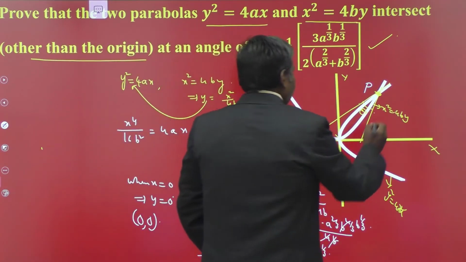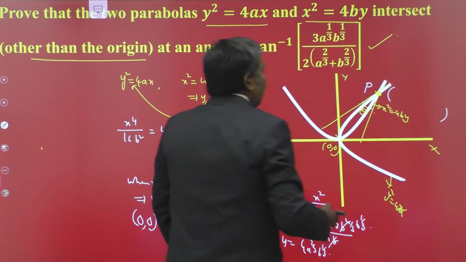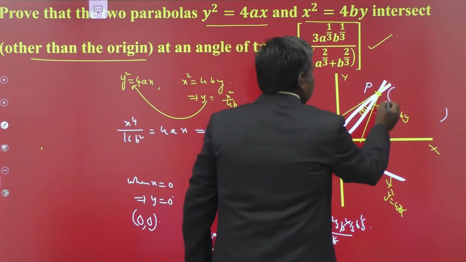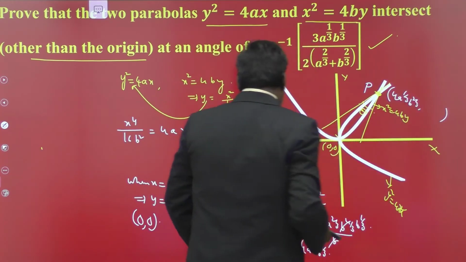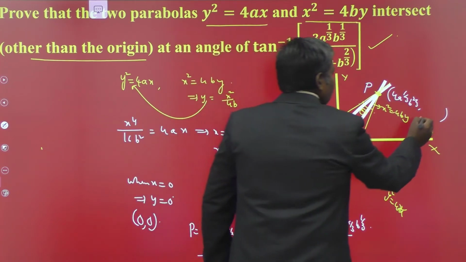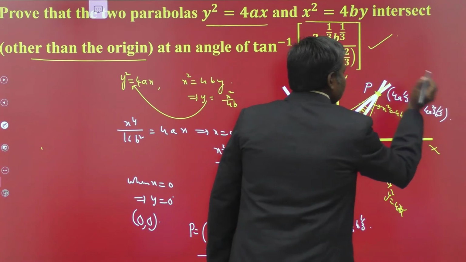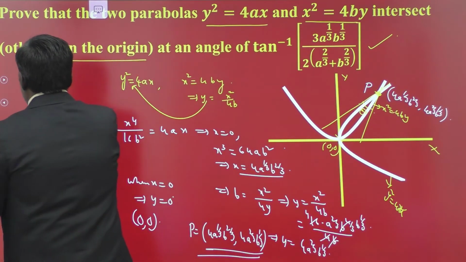You have to pay attention to this point because you are going to find the angle between the curves at this point. That is 4a power 1 by 3, b power 2 by 3, comma, 4a power 2 by 3, b power 1 by 3. This is the point. So, now I erase this one.